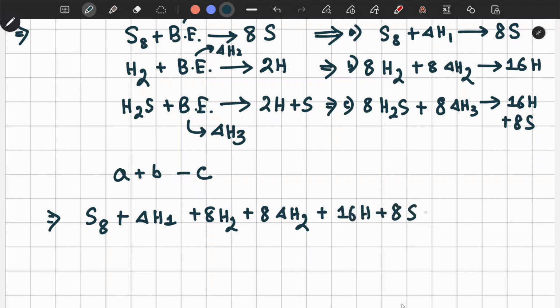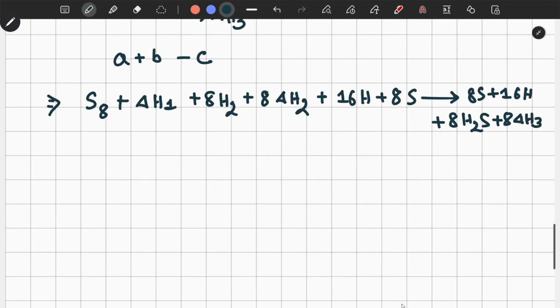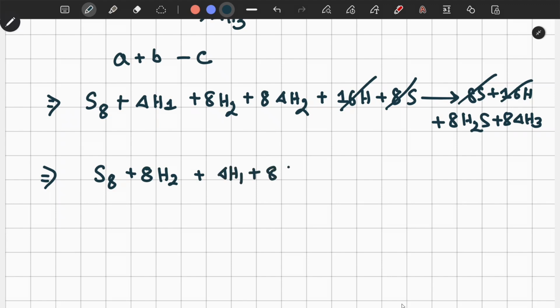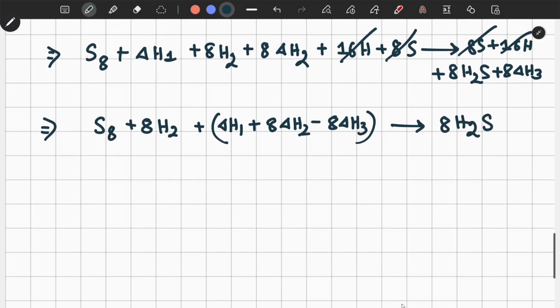Sorry, it is 8S plus 16H plus 8H2S plus 8 delta H3, correct? Yes. So this will cancel out. So totally it is S8 plus 8H2, with delta H1 plus 8 delta H2 minus 8 delta H3, giving 8H2S. Okay, and this should be the enthalpy.